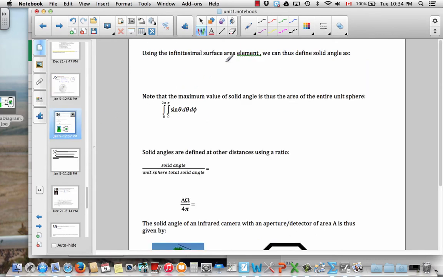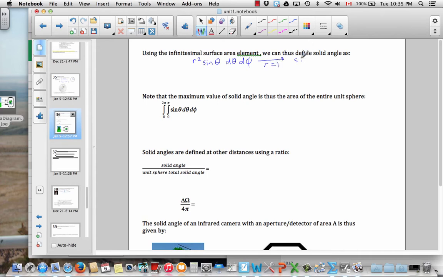Now, in Cal 3, you would have seen the little element of surface area on the sphere. This is sometimes called the Jacobian, and it's equal to this much here. But of course, we are on the unit sphere, which has a radius of 1.